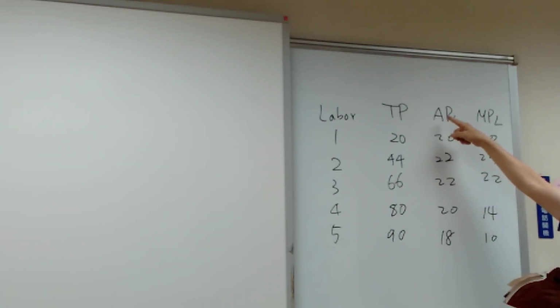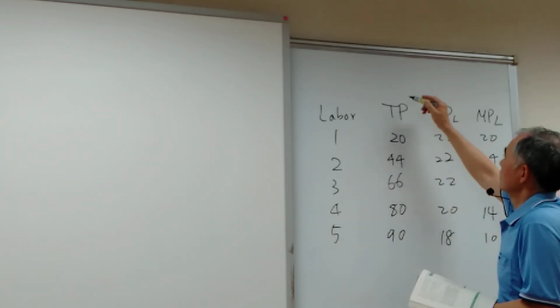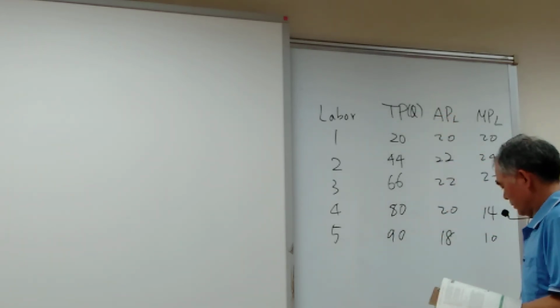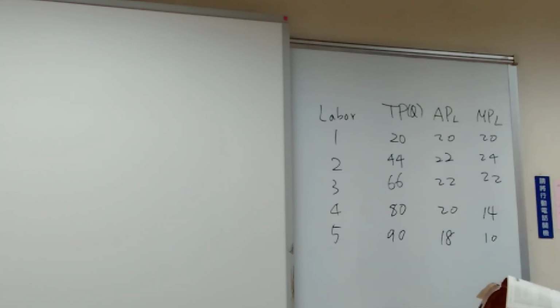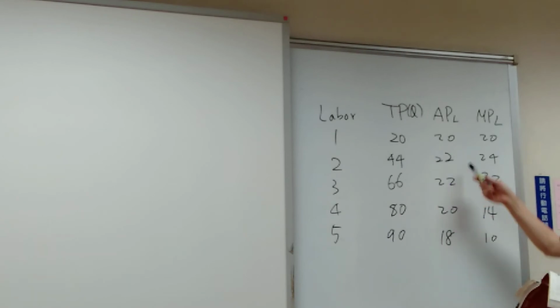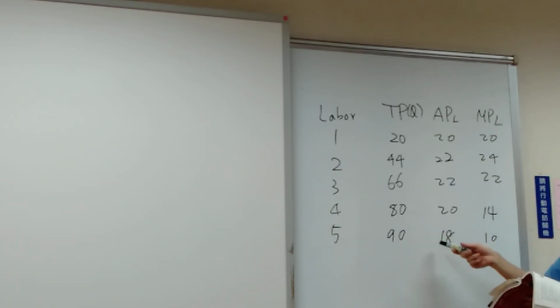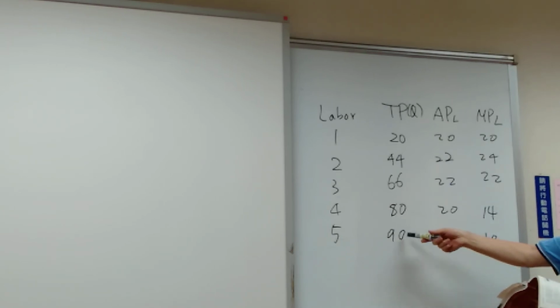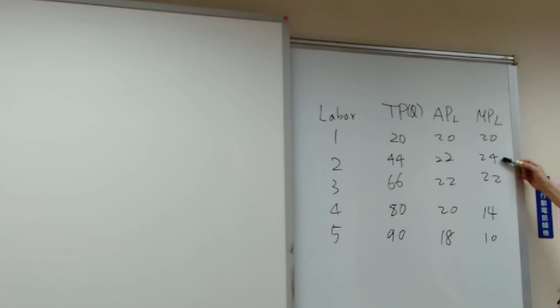Total product is like Q, right? So here is actually Q. And here, if it is 18, right? Average product is 18. You multiply by 5. So what you get? You get 80. Oh, sorry, you get 90. And so basically, okay? Any question? Sounds good.